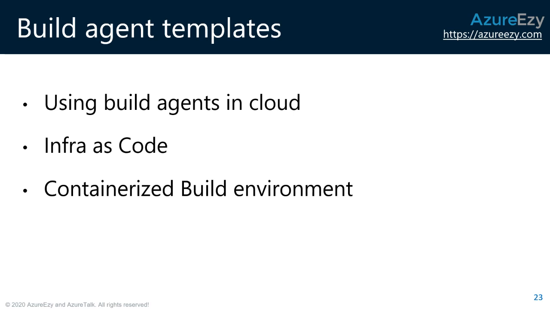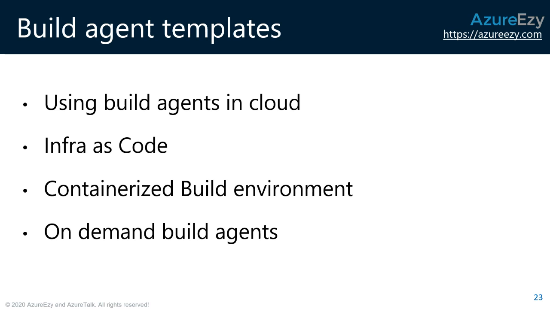There might be scenarios where no builds are scheduled on that build agent for an entire day, still they are running, and that way you are losing those resources to waste. As we have said, using any one of the approaches, where you are using build agent in cloud, infrastructure as code, or containerized build agent, you will be able to spin up your build agent on demand.